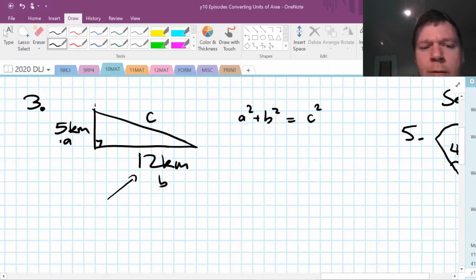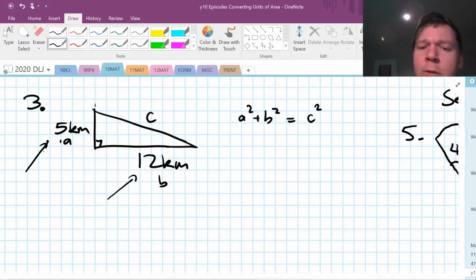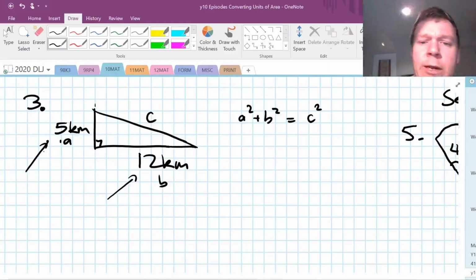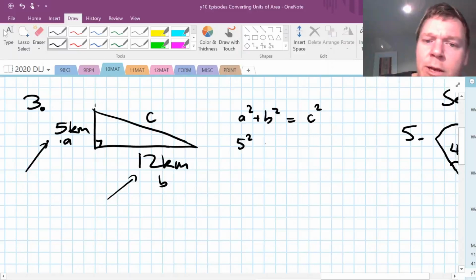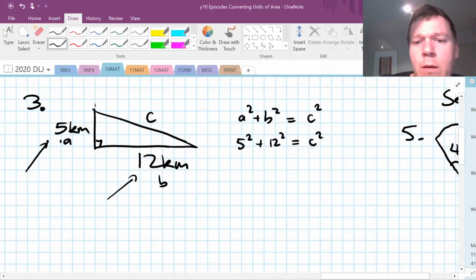Now, some of you might know that this is actually a perfect triangle because we've got 5 and 12. But I'll show you guys who may not know how to do it regularly. So A is 5, so 5 squared plus B squared, 12 squared, equals C squared.